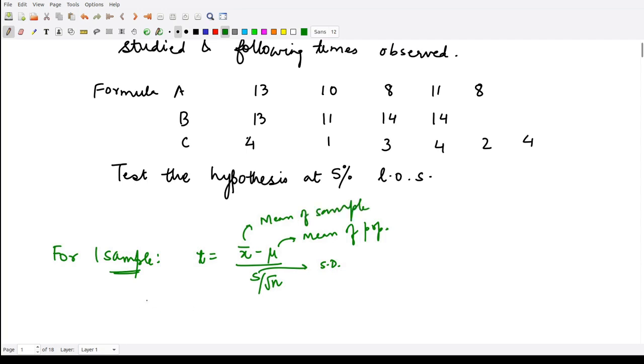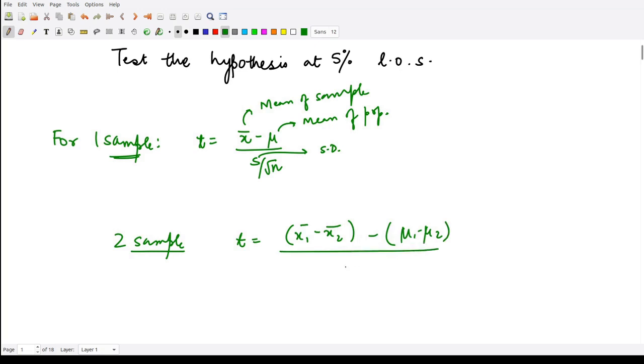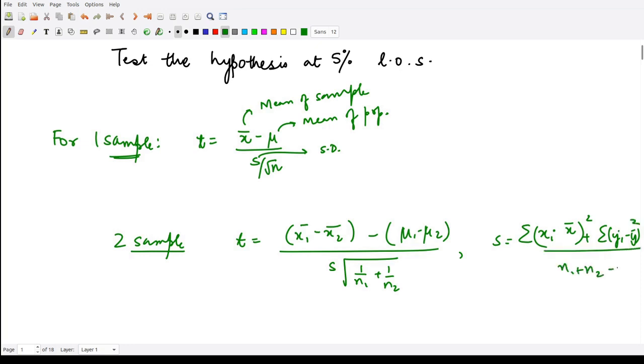For two samples, T was calculated by x1 bar minus x2 bar minus mu1 minus mu2 divided by s into square root of 1 by n1 plus 1 by n2, where s is calculated by the formula summation xi minus x bar whole square plus summation yi minus y bar whole square divided by n1 plus n2 minus 2. So this was the value of s square.